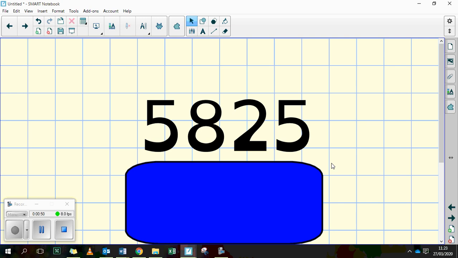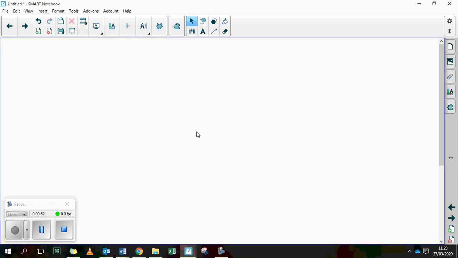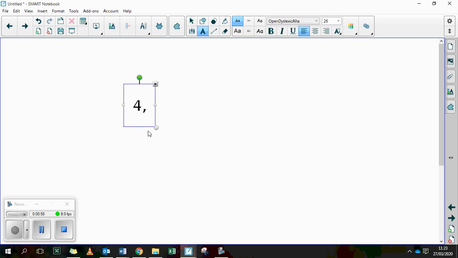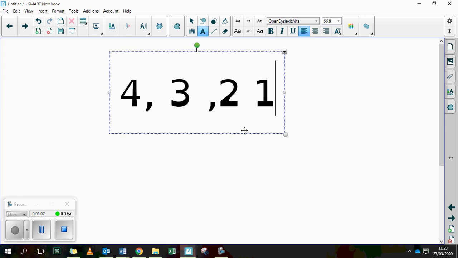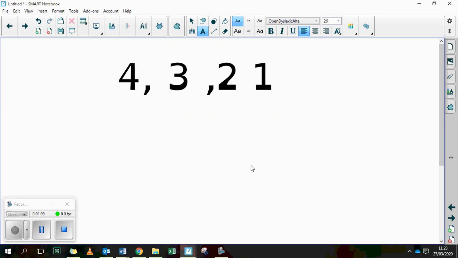So the numbers which round down are 4, and 3 and 2 and 1. So if we see these digits, we know that we will be rounding down.